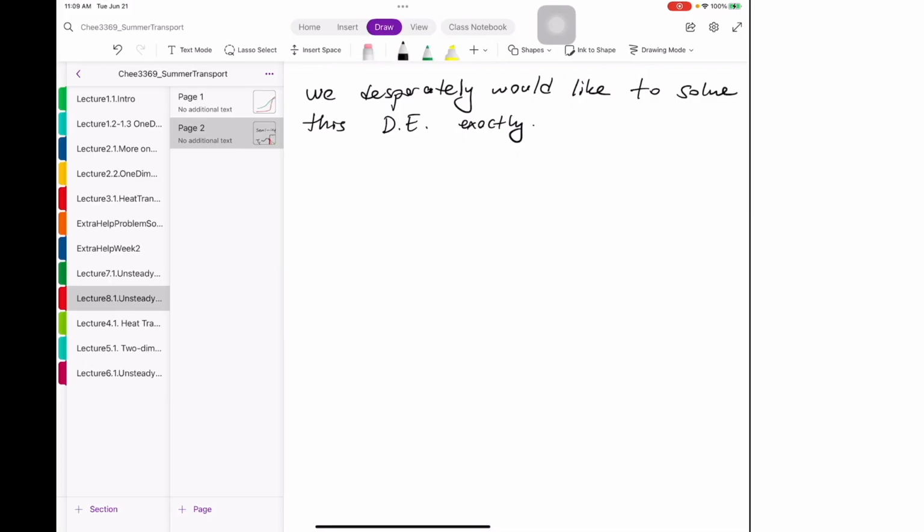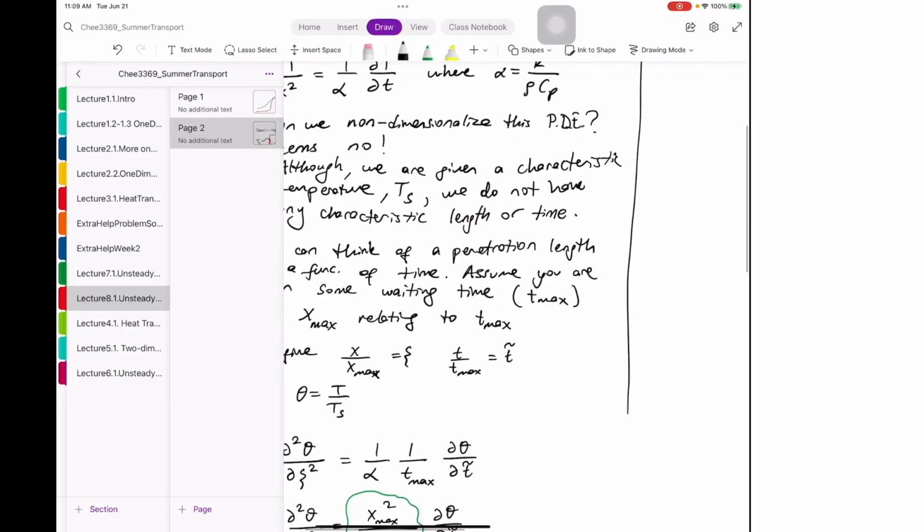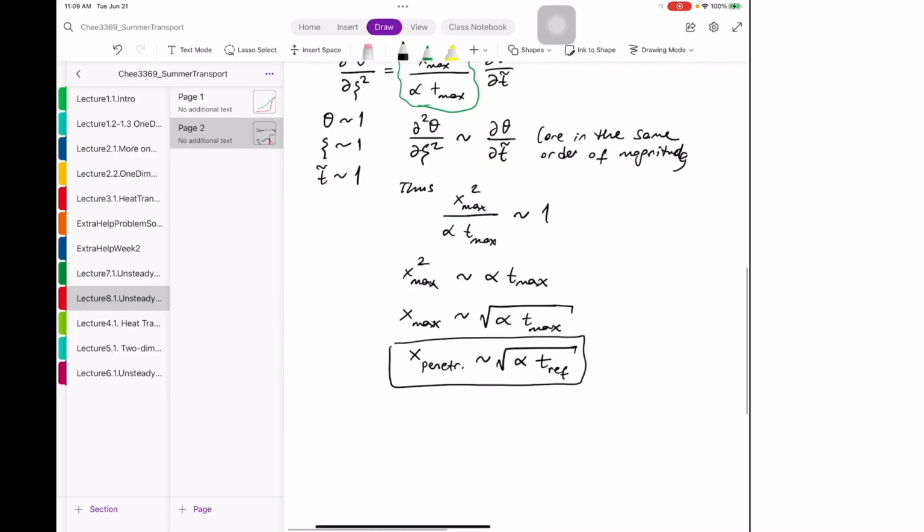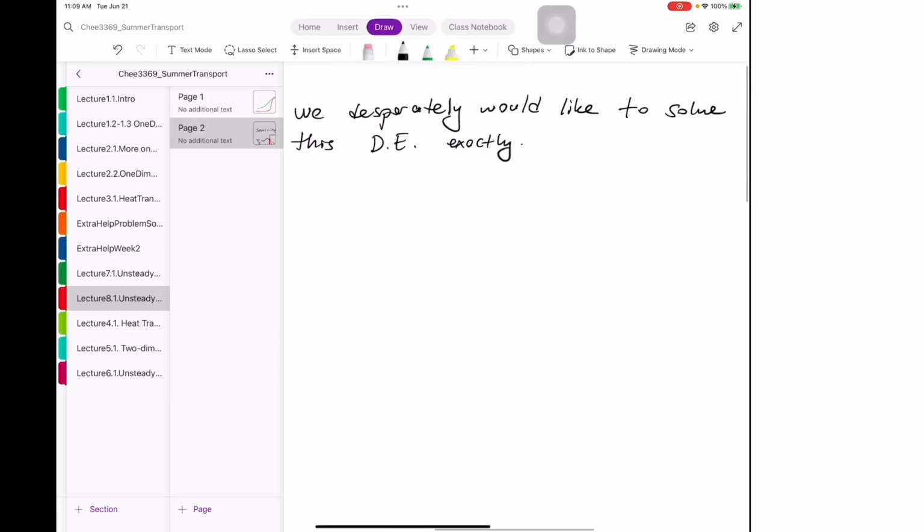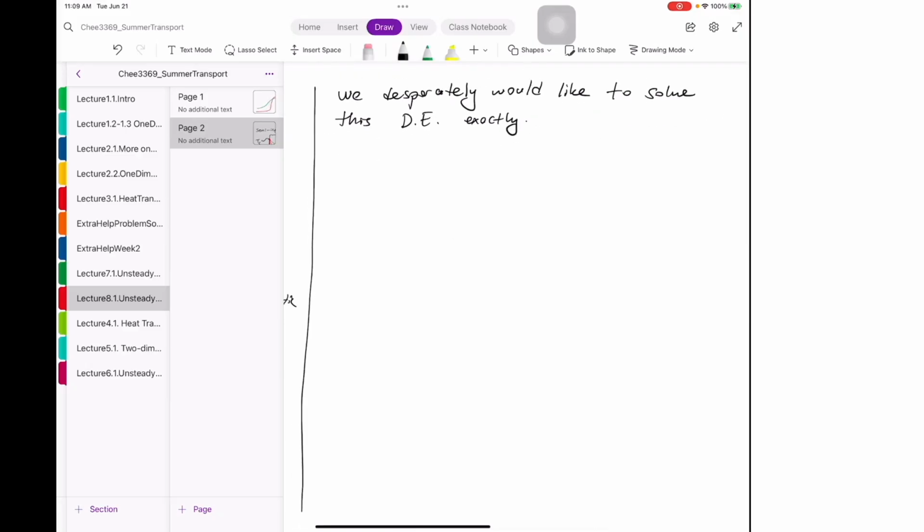This equation gives me a rough idea about how the penetration thickness changes with time. But I want to find out the temperature profile as well, not only the penetration depth.